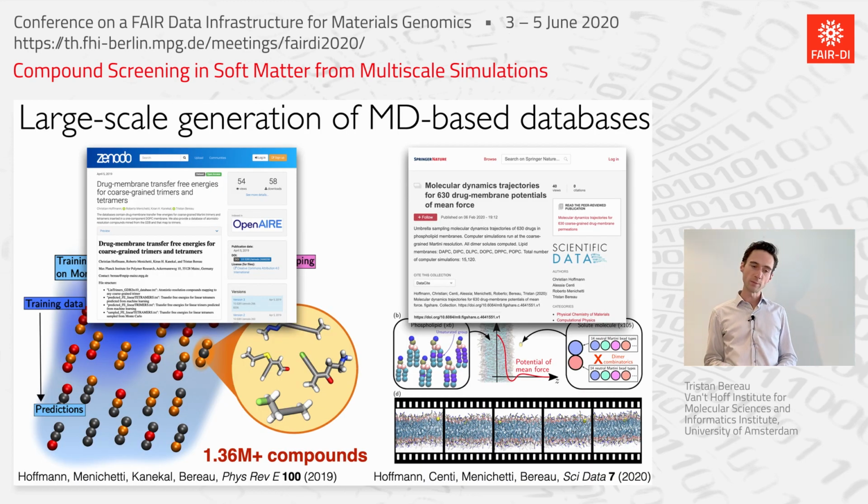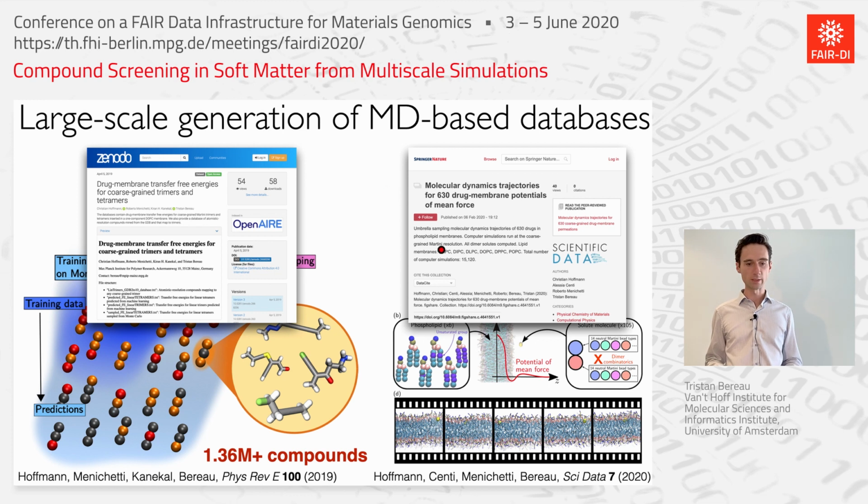We've been publishing both inputs and outputs of our procedure, outputs through free energy calculations, and so potentials of mean force and also permeability coefficients for up to 1 million compounds. We've also been publishing more recently the molecular dynamics simulations.